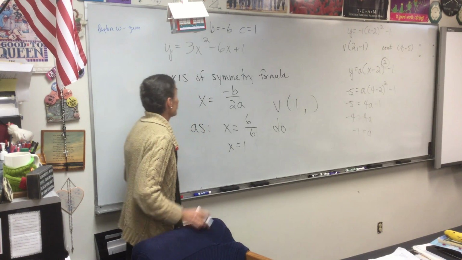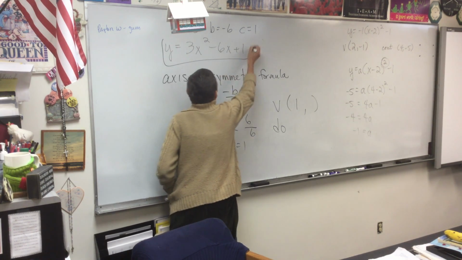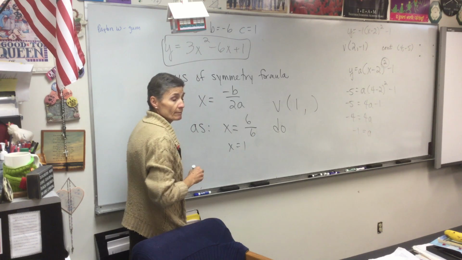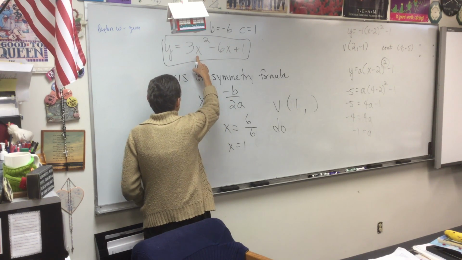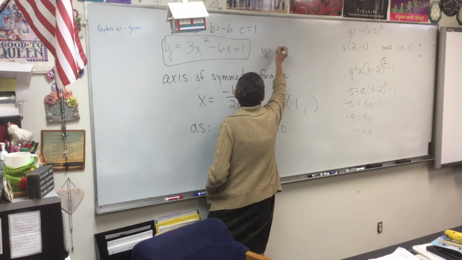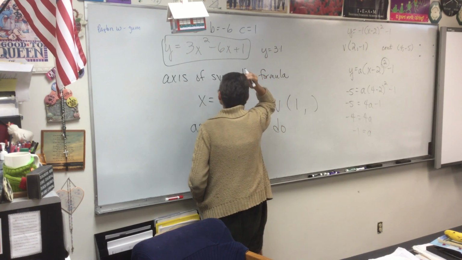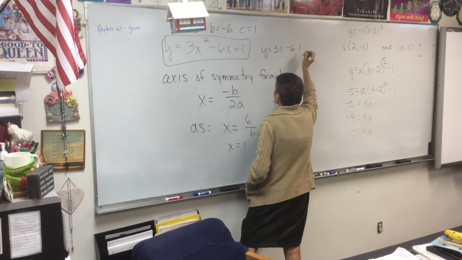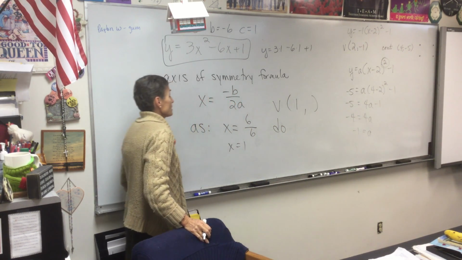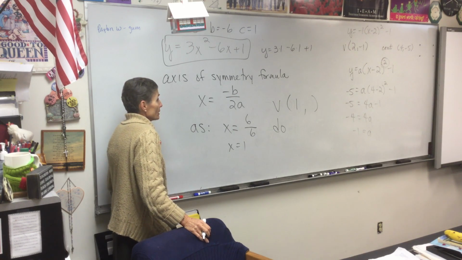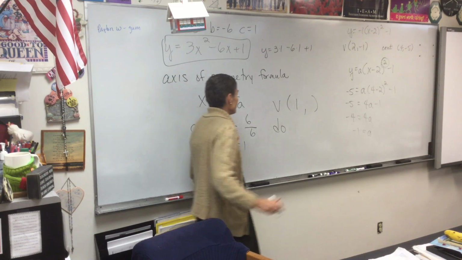Plug 1 in. Go back to your equation and plug in 1. So when I plug in 1 for x, it's going to say y equals 3 times 1 minus 6 times 1 plus 1. So what does that equal? Negative 2. Yep, negative 2.